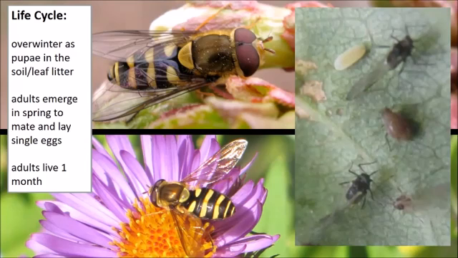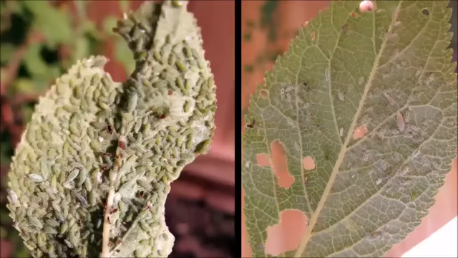And here's a picture of an egg. It's a little smaller than a grain of rice, but it's that white chalky color. And when the syrphid flies encounter aphid colonies, the honeydew that they produce actually stimulates the female to lay more and more eggs.